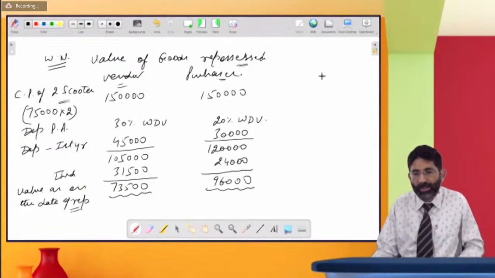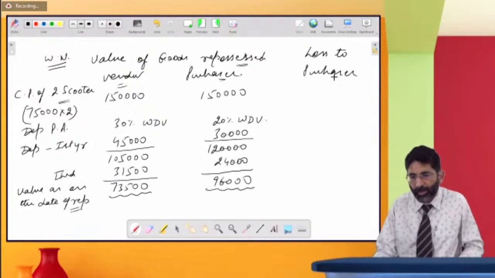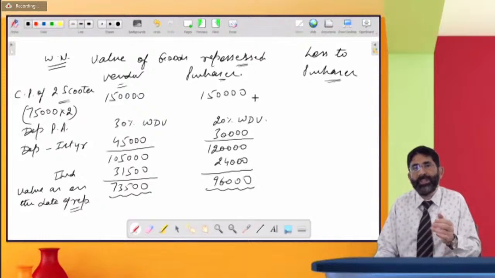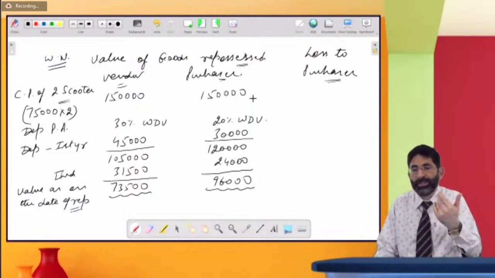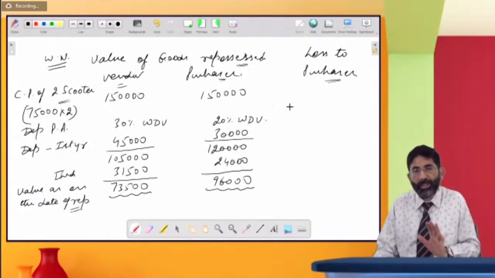So how much is the loss to purchaser in this case? Loss occurs only to purchaser. Vendor is not going to suffer any loss because he is just taking over the goods. When he will sell those goods, then he will suffer a loss, which we will discuss in the next lecture. So yet we are only calculating loss to purchaser.